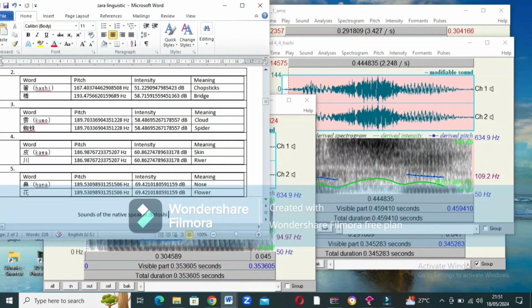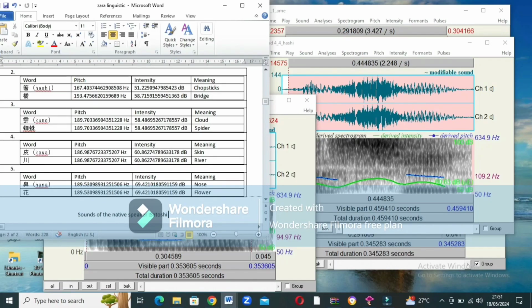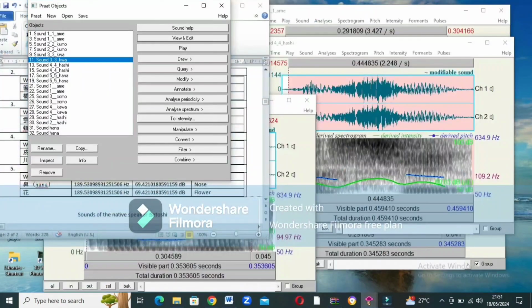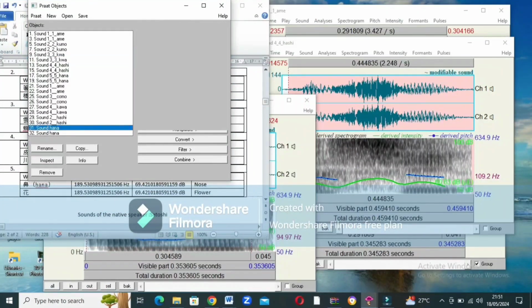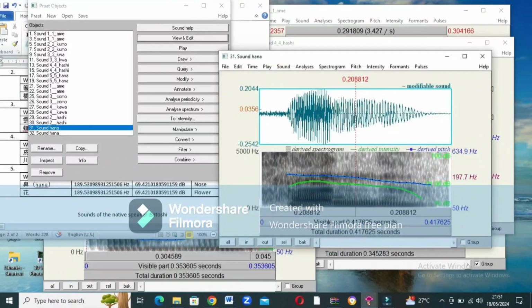Okay, the last word is hana, where the first word means nose and the second word means flower. Both have the same pronunciation, but the words are different. We're going to listen to Angel's first hana.